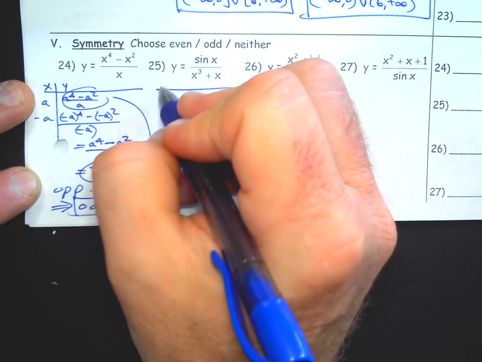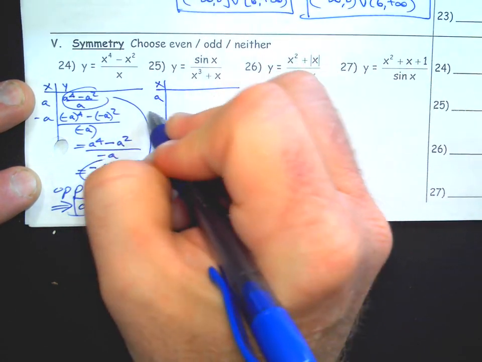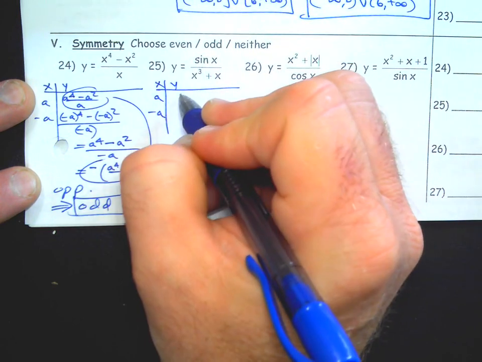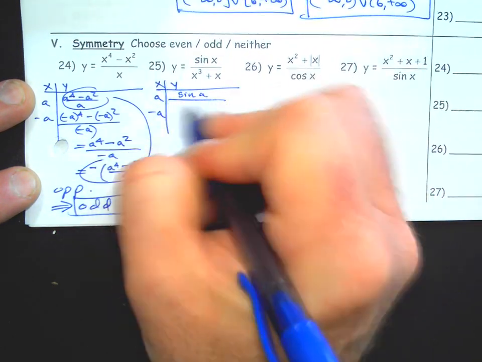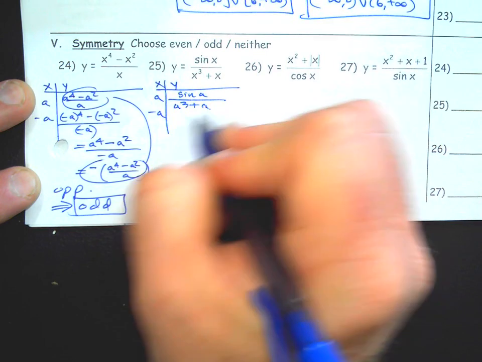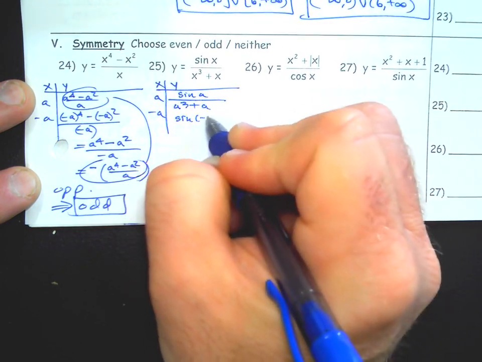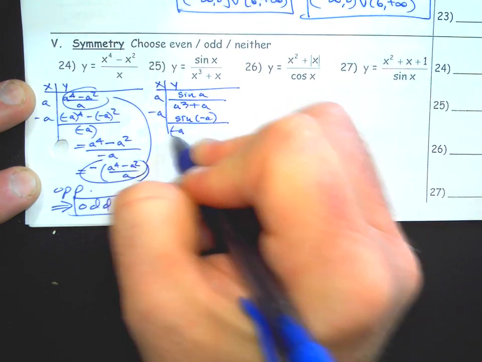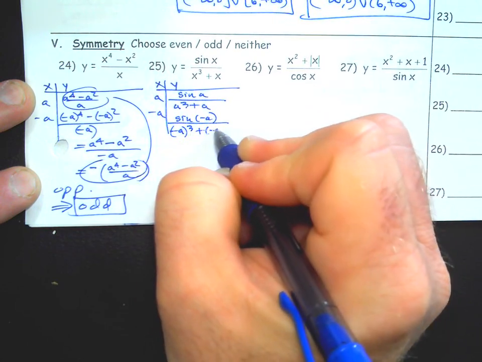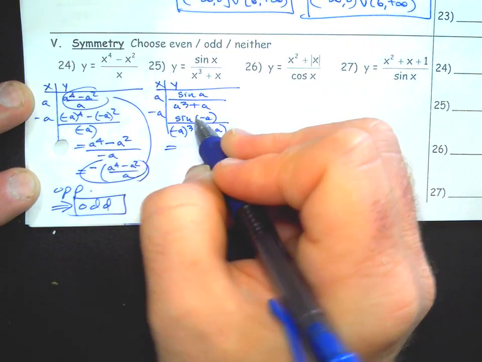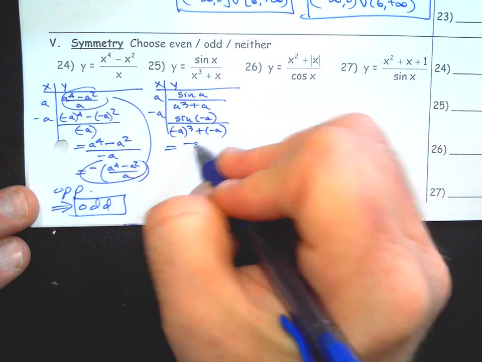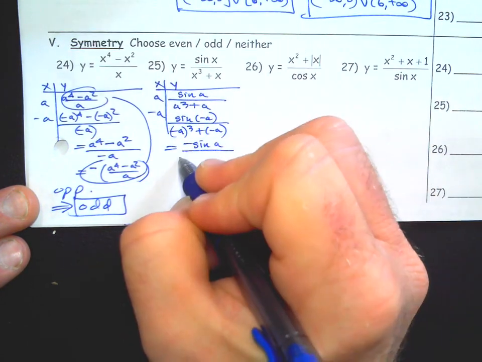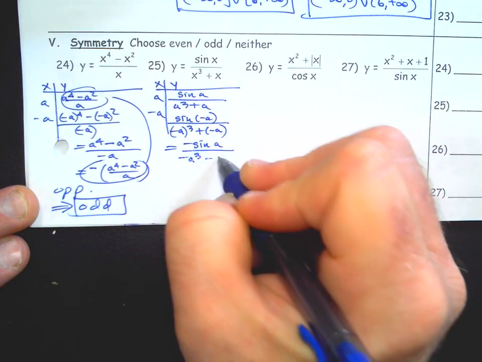Okay, so x, a, negative a, plug into y: sine a over a cubed plus a, and sine negative a over negative a cubed plus negative a. Trig identity, sine of negative a is the same thing as negative sine a, and the bottom is negative a cubed minus a.